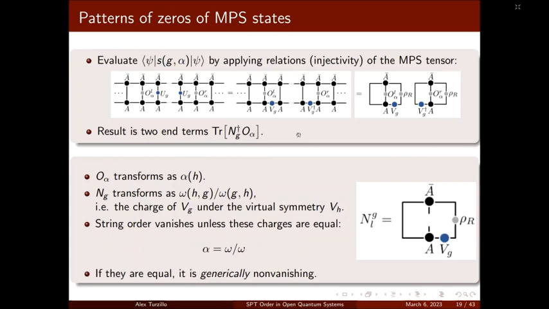This thing generically is non-zero as long as N_G has the same symmetry charge as the end operator. So the end operator we assumed has some charge, which we called alpha. This operator N_G, its charge is essentially the charge of this virtual symmetry V_G, which happens to be omega over omega. So that's where we get the selection rule that alpha equals omega over omega.